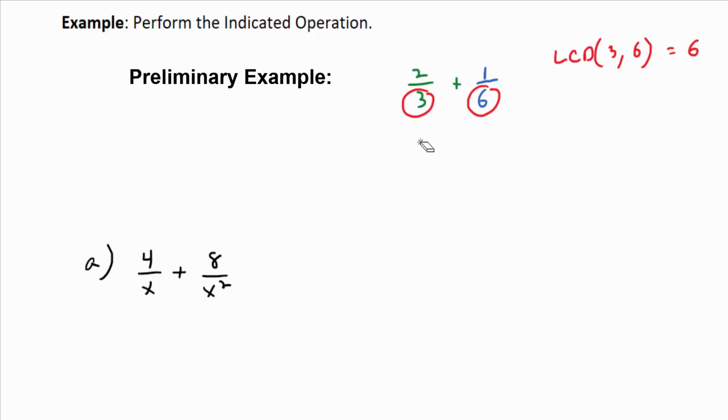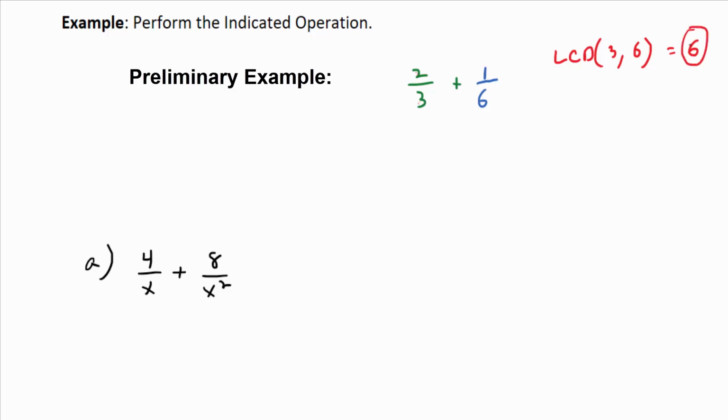I know you know how to do this, but I want you to analyze the thought process here. 1/6 is good to go. It has the LCD, right? We need to get 2/3 in terms of that LCD. So what do you do? You multiply the numerator and denominator of 2/3 by the factor it's missing from the LCD.